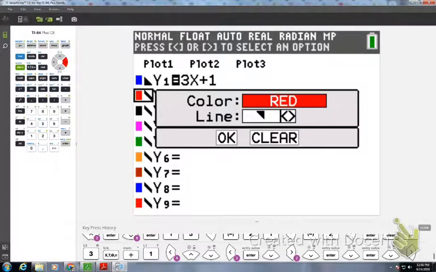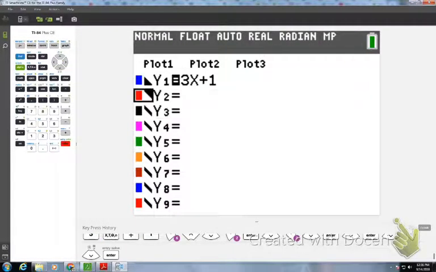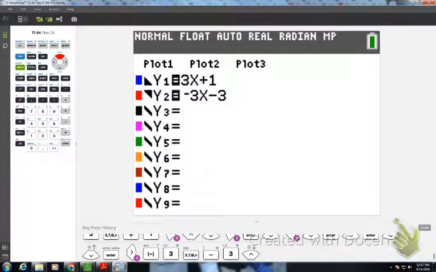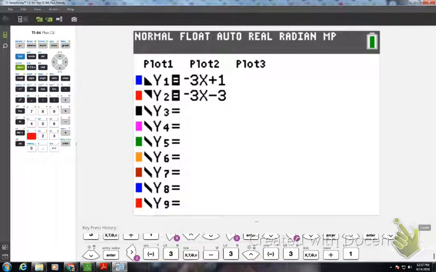Then enter the rest of that inequality, which is negative 3x minus 3. We actually need to fix that top inequality. The top inequality should be y is less than negative 3x plus 1.